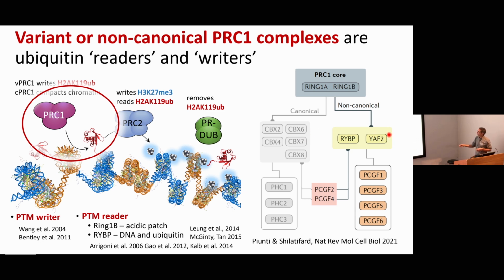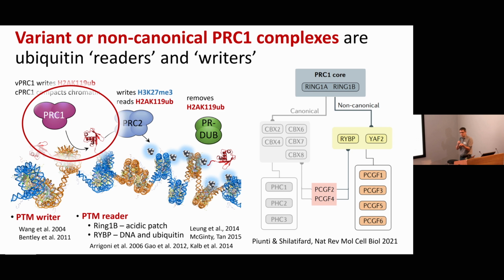They have a domain called RYBP with which they can bind nucleosomes. They then have the RING1A or RING1B, mostly RING1B subunit, which is part of the ubiquitin ligase domain. And then they have these accessory subunits of which there are many different versions.